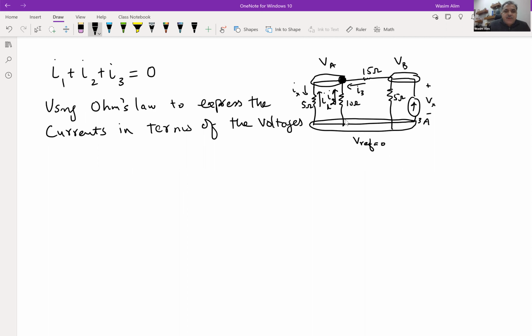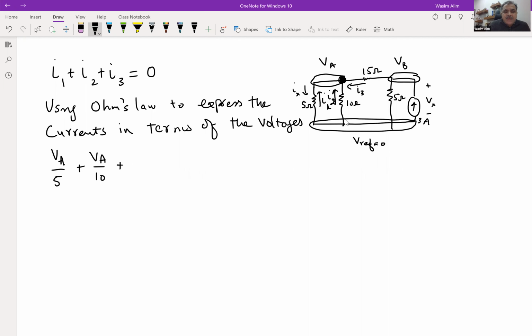Okay, so what we will do is we'll say that it's V sub A over 5 plus V sub A over 10 plus the difference of the two voltages, which is, again, the direction is going from, again, it's entering this node.